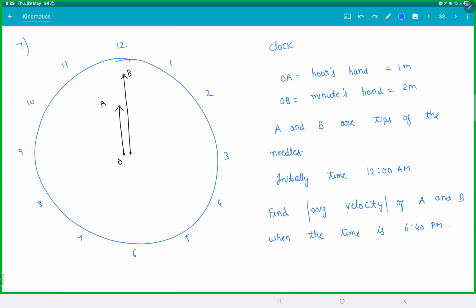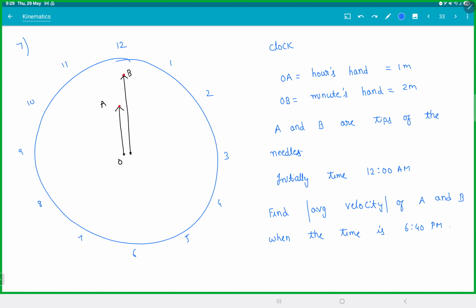Find the distance traveled by A and B. Eight pi by 3. Mere God, what are you doing? 28 pi by 6. Why are you guys getting such small values, right?